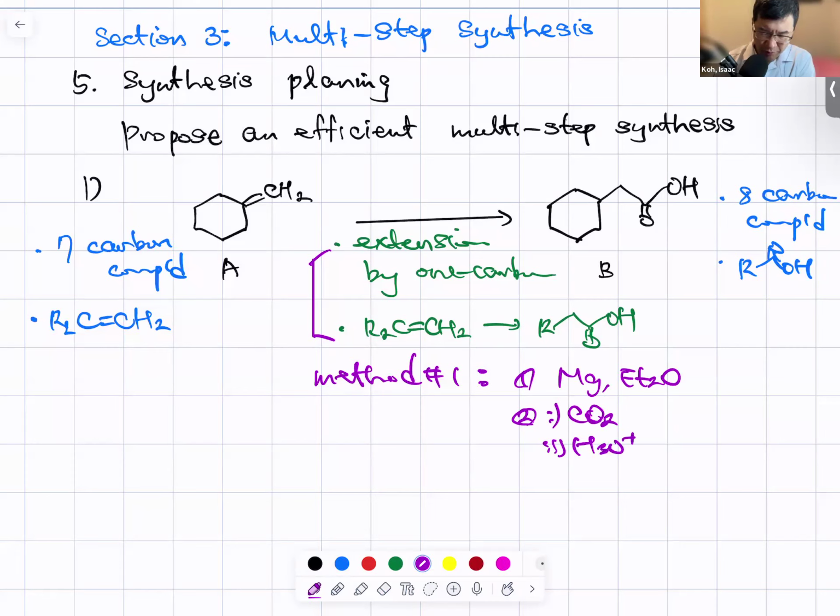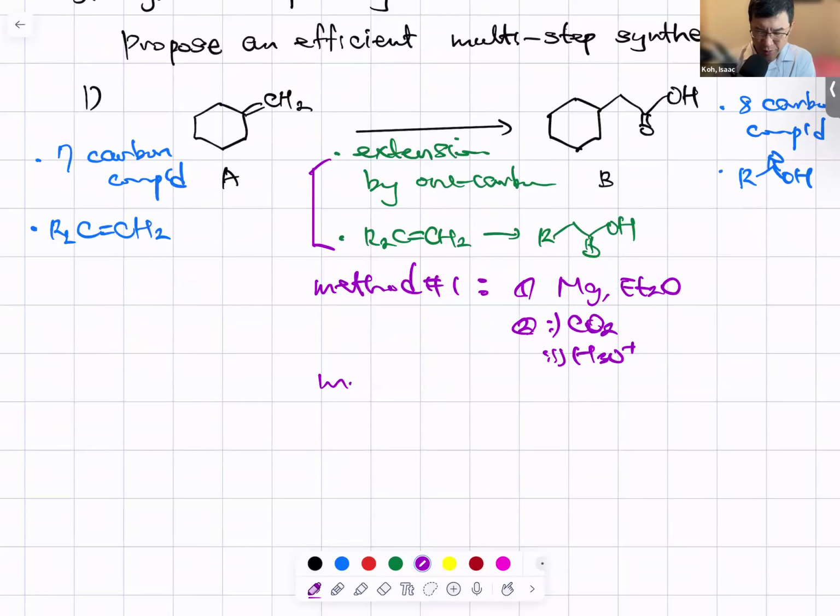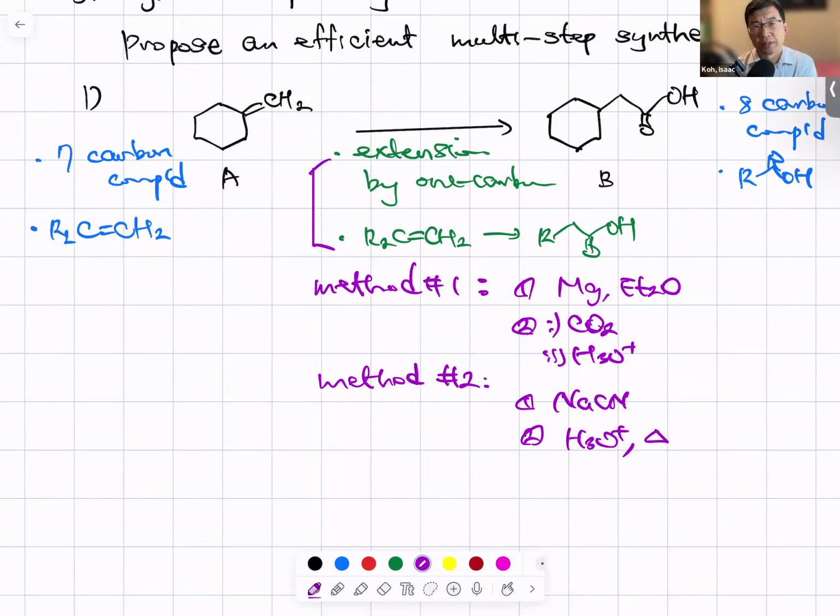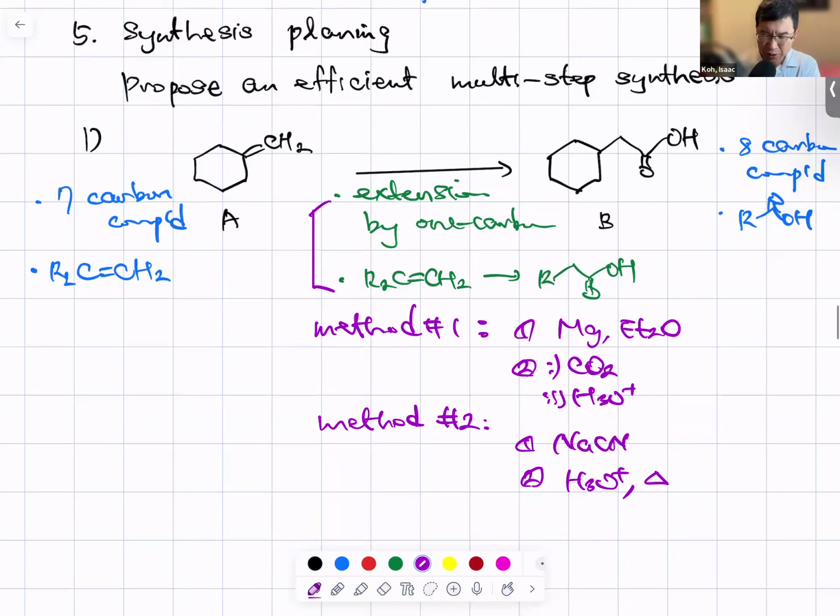Method 2 starts from a primary alkyl halide, then uses sodium cyanide or potassium cyanide, followed by strong acidic hydrolysis with heat. We have two methods to extend the carbon by 1 carbon and then introduce the carboxylic acid. Keep these two things in mind in retrosynthetic analysis.